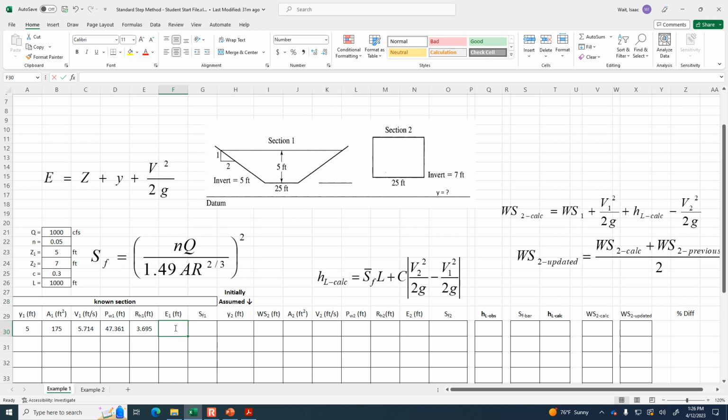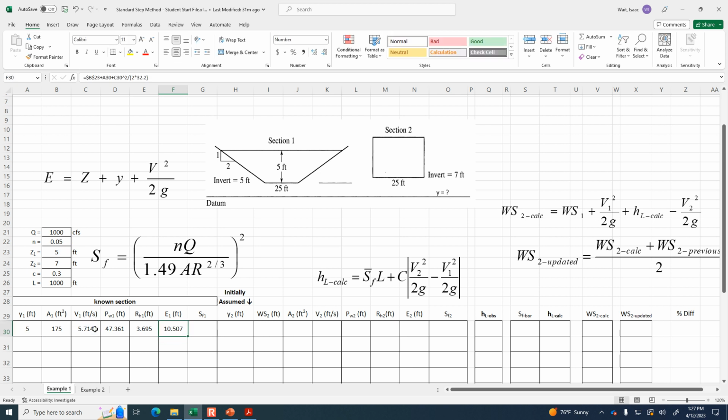So equals Z1 plus the depth plus the velocity head, V squared divided by 2 times G. We're working in traditional units, so that's 32.2. I think the example from Friday's class is SI units, if I remember correctly. So always be sure to adjust G accordingly if you've swapped units around.